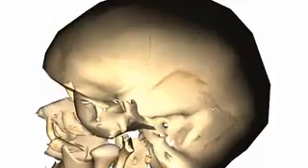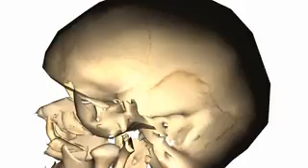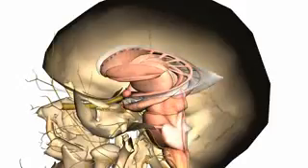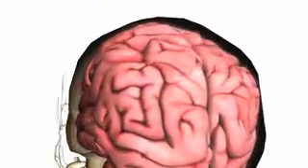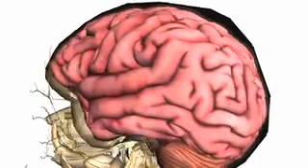So I'll just show you where the temporal lobe sits. So this is just lateral to the body over here, and if I bring in the brain, you can see how it sits in that depression lateral to the body.